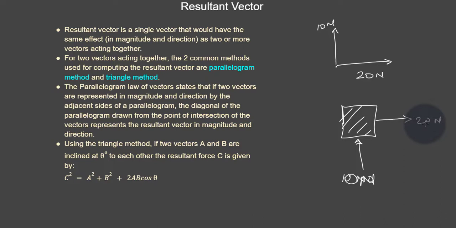So that's what resultant force is all about. It helps you take two or more forces and combine them into one single thing, telling you what is that single vector that would have the same effect as all of these vectors acting together.